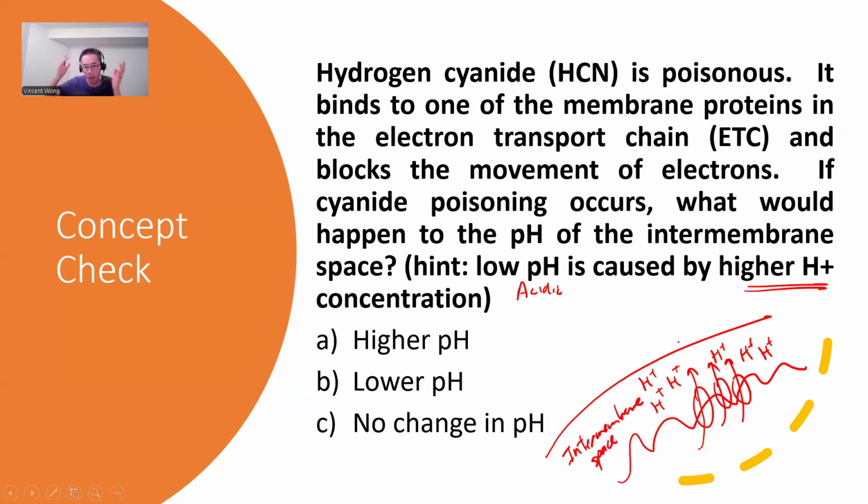You keep on pumping the H+ over. That's what happens normally. In cyanide poisoning, this is not happening because we block the ETC. So we have less H+. Less H+ equals higher pH. That's the answer.